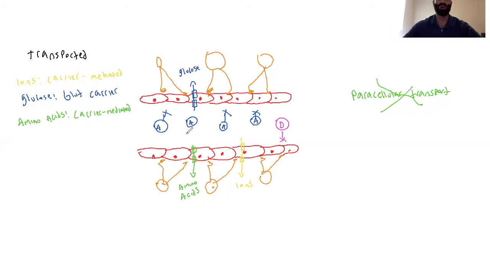So not all neurotransmitters or neuromodulators can pass through the blood-brain barrier. So neurotransmitters and modulators, they cannot pass through. All right.